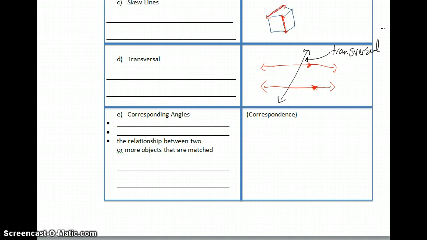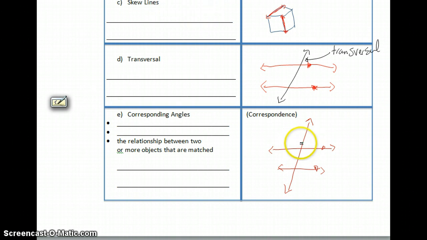When we look at corresponding angles, okay, we are looking at the exact same picture that we drew for the transversal. So we have 2 lines that are parallel. We have a transversal that is drawn through them. And when we look at corresponding angles, corresponding means they're in the same position.